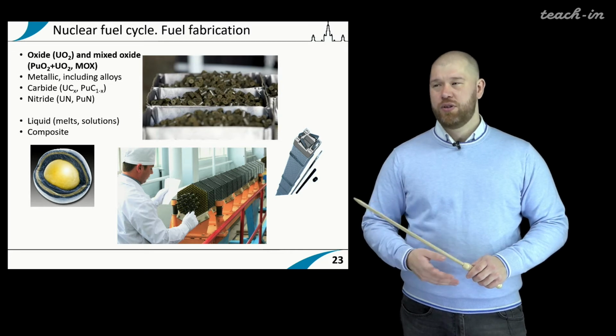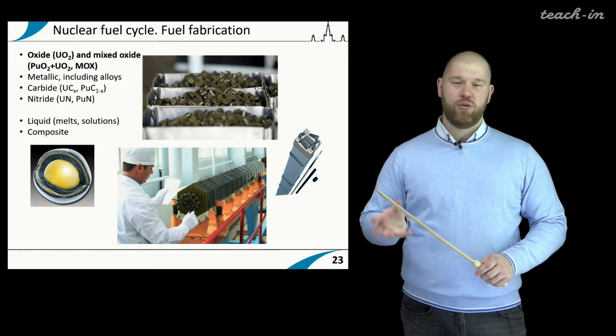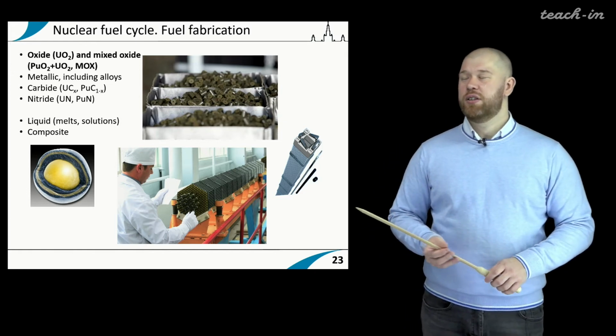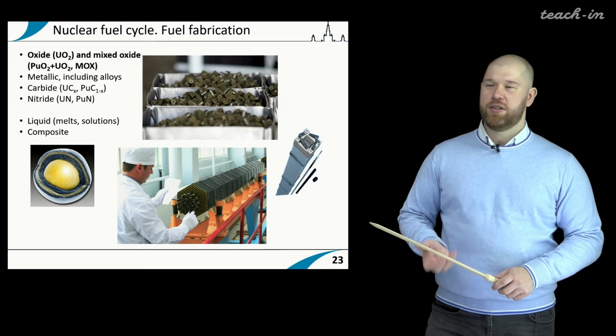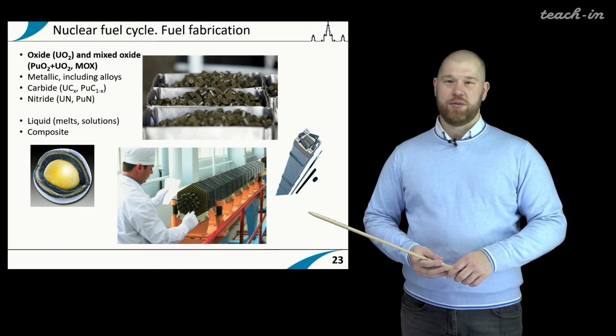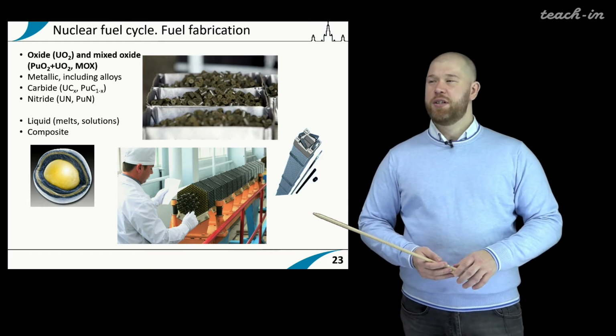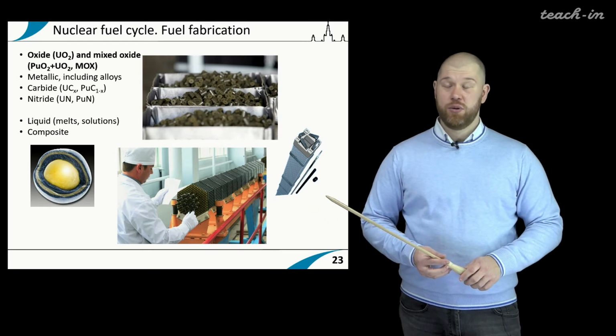They are dissolved and purified again, the uranium and plutonium, if there was plutonium, are precipitated, and then after heat treatment of these precipitates, finally they come back as fuel tablets.